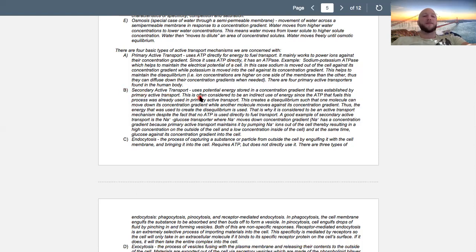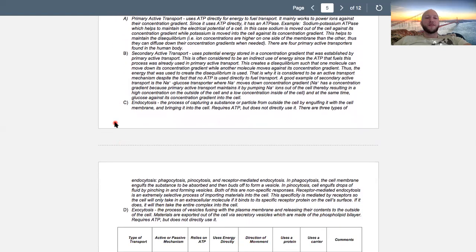Secondary active transport uses the potential energy stored in the concentration gradient that was established by primary active transport. This is often considered to be indirect use of energy since the ATP that fuels this process is already used in primary active transport.